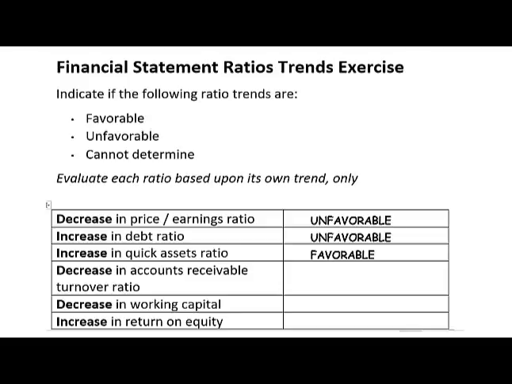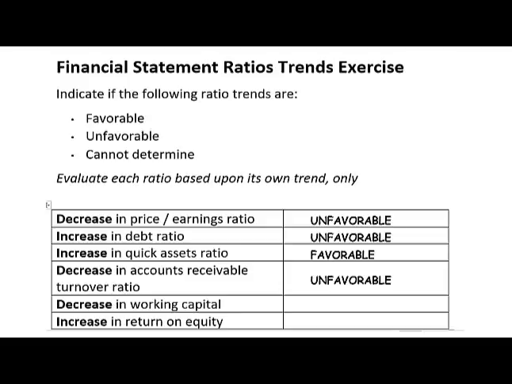So if my ratio is 5 times and it goes up to 6 times, that's an increase, and it would mean I would be collecting my accounts receivable more efficiently. So in this case, this is a decrease in the accounts receivable turnover ratio, so it would be unfavorable.